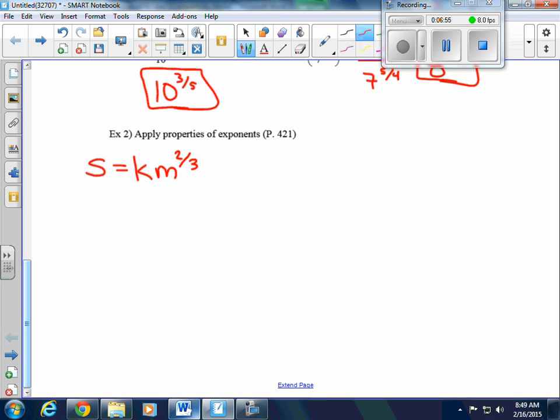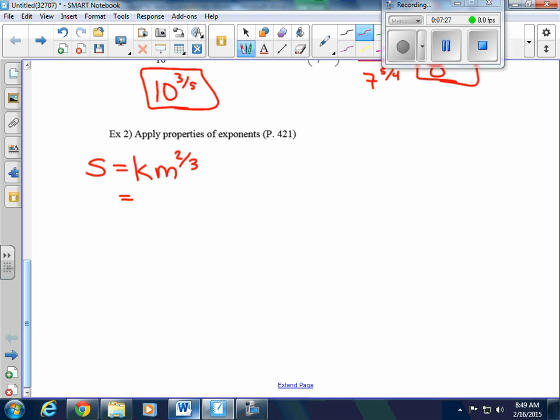So S is our surface area, M is the mass in grams of the mammal, and K is the constant. Now in the table, in the book, they give you a value of K for some different animals, and they want us to approximate the surface area for a rabbit that has a mass of 3.4 kilograms, which is 3.4 times 10 to the 3rd grams.